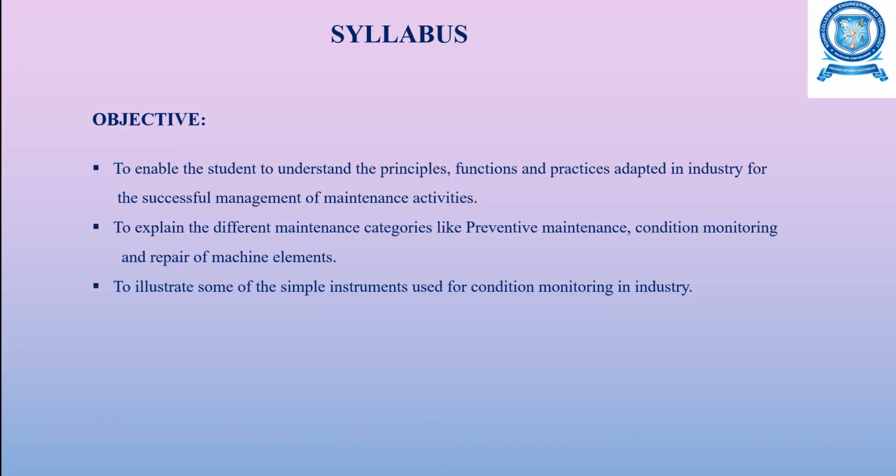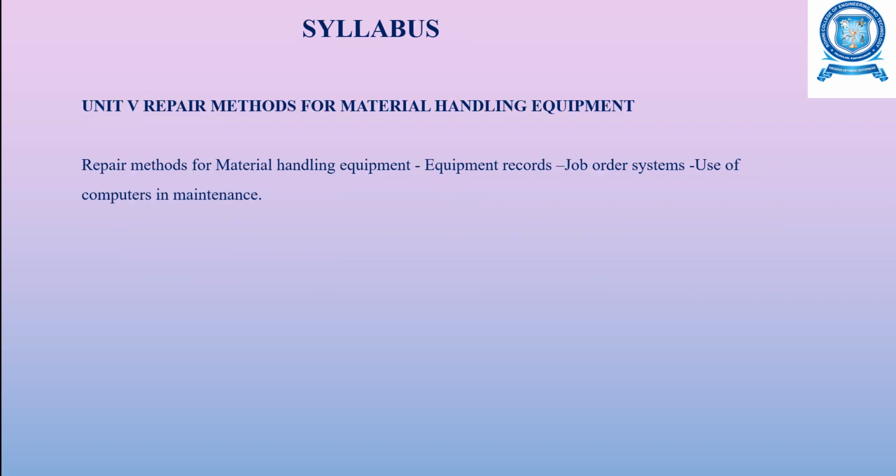So coming to the objective of this course, the objective is to enable the student to understand the principles, functions, and practices that are adapted in industry for the successful management of maintenance activities, and to explain the different maintenance categories like preventive maintenance, condition monitoring, and repair of machine elements, and to illustrate some of the simple instruments used for condition monitoring in industry.